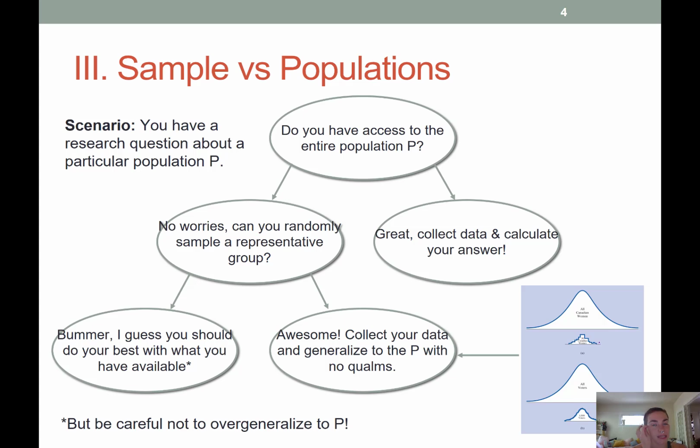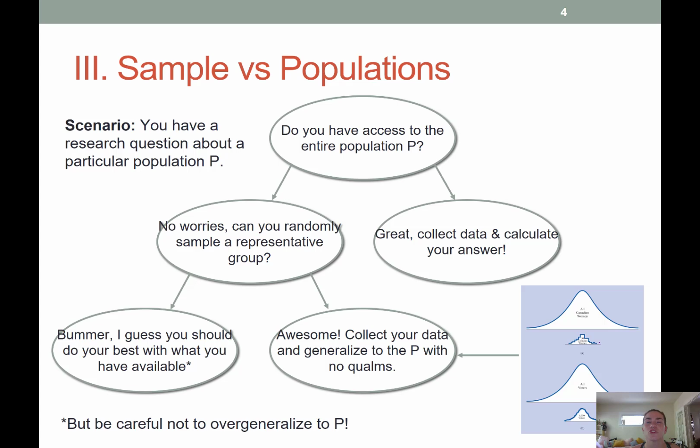And I'll say that again because it's important. Random sampling implies that every single person in the population has an equal chance of getting selected for your sample. If you can ensure that that is the case, then that is beautiful. You can go ahead and randomly select your participants, and you'll generalize to your population based on what you learn from that group of people.